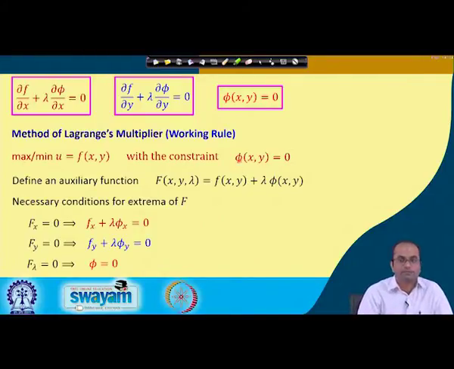So, if we have, for example, two constraints, phi 1 x y equal to 0 and phi 2 x y equal to 0, then we will just introduce more lambdas there, lambda 1 phi 1 plus lambda 2 phi 2, and again we have to discuss these necessary conditions. So, there will be two lambdas there. One more equation will be coming with respect to lambda 1 here, and with respect to lambda 2 there. So, another constraint will appear here, and then some more terms there. Anyway, let us discuss this for one constraint.